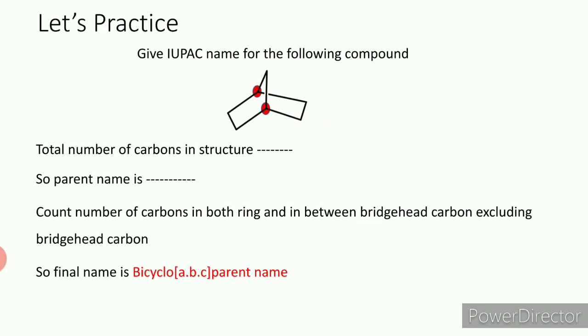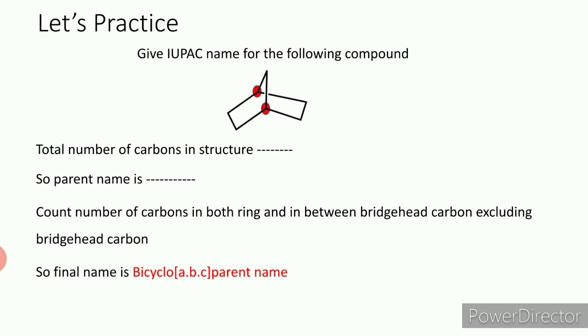To make things easy, I have marked the bridgehead carbons with a red circle and mentioned the steps that you will follow. First thing is to count the total number of carbons in the structure. In this case, the total number of carbons is 7. So the parent name will be heptane.